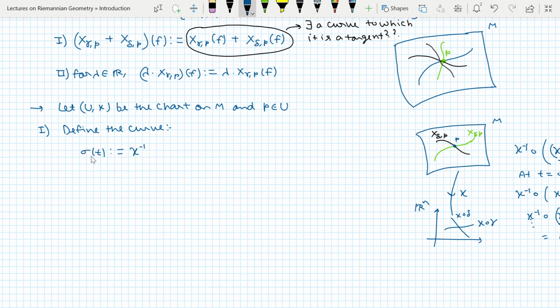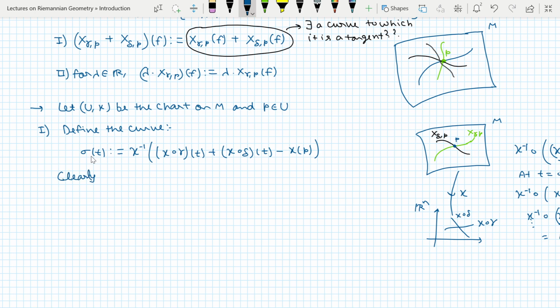So σ(t), let's define it: σ(t) = x inverse composed with x of γ(t) plus x of δ(t) minus x of p.